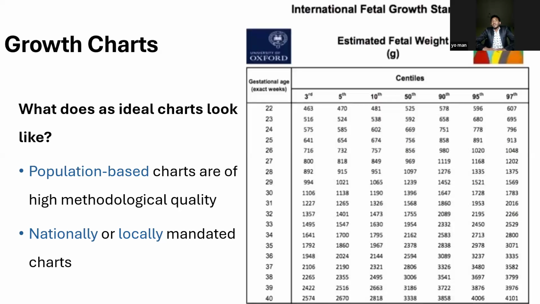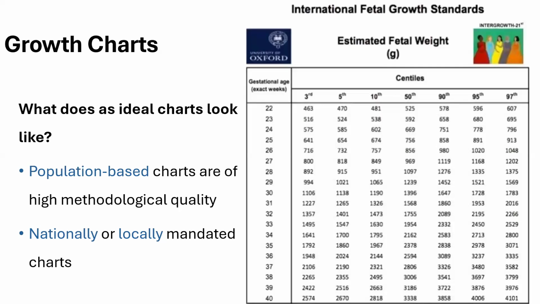So it's the best apart from the others. If you use other charts, you may end up calling every fetus here in Ethiopia, for example if you use a chart that's being used in America, FGR or SGA.